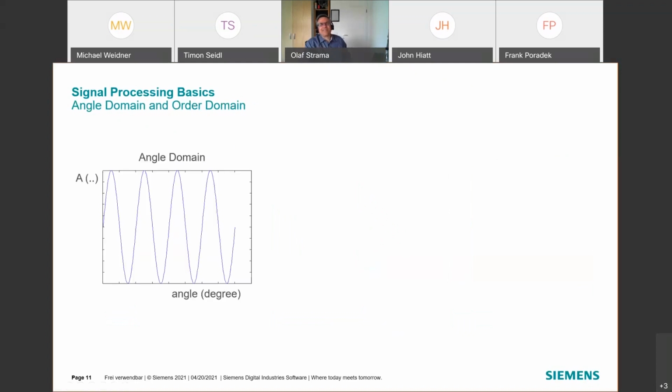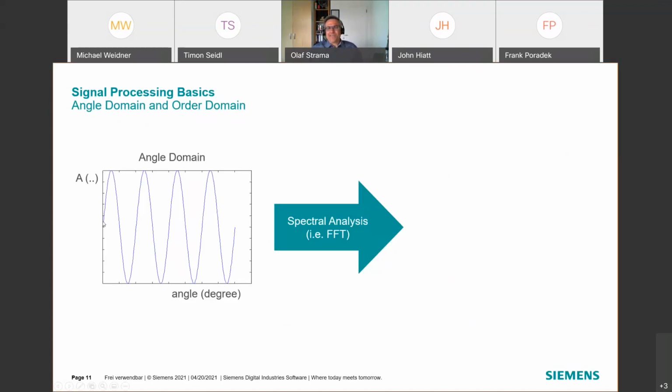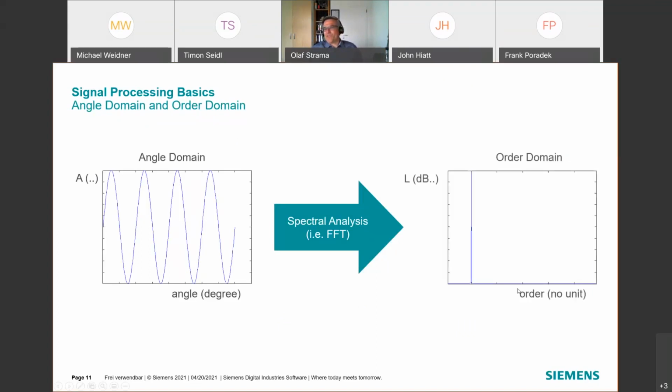That means if we are moving in angle and order domain, then our x-axis is not time, but it is the angle of a reference shaft. And if we do a spectral analysis of this kind of signal, then we get a so-called order spectrum in order domain. From angle domain, we switch over to order domain.